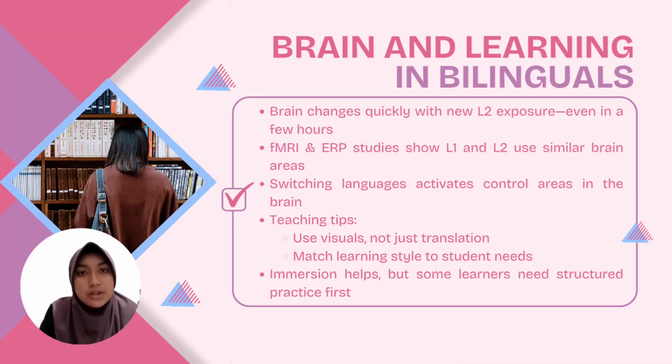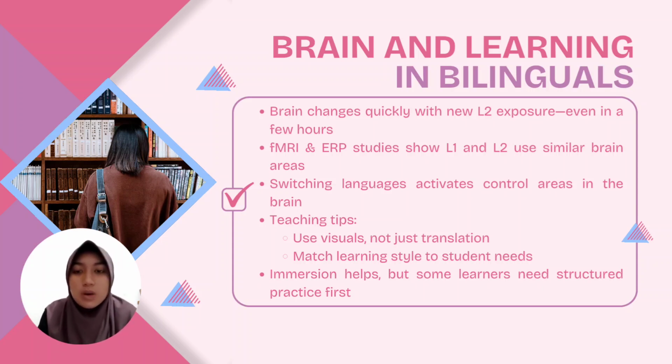Okay, the last material is brain and learning in bilinguals. Brain changes quickly with new second language exposure, even in a few hours. Even just a few hours of second language learning can make the brain work differently. fMRI and ERP studies show that first language and second language use similar brain areas.